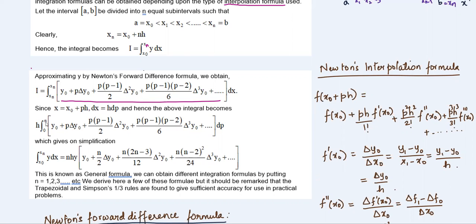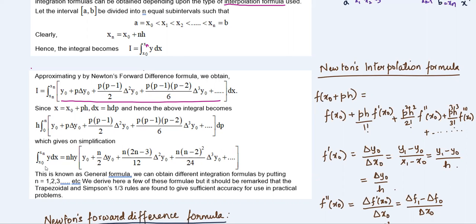Now, since x is equal to x naught plus ph, differentiating, dx will be h times dp. h is constant, and hence the above integral becomes h times dp times y naught plus p delta y naught plus p into p minus 1 by 2 delta square y naught, and so on. As it is, it will remain.